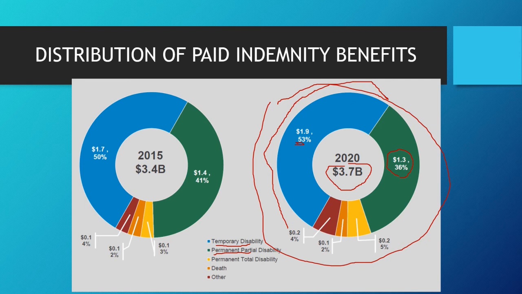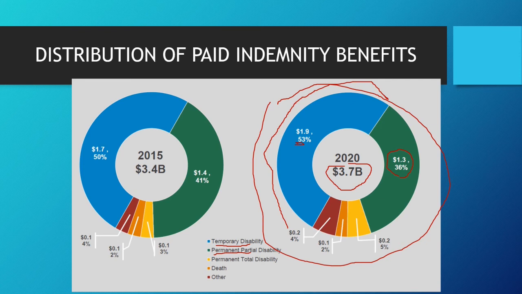So if your opinion was that at the end of an extended temporary disability period, your examinee qualified for no or very little permanent impairment rating and therefore permanent disability benefits, that would be consistent with statewide statistics regarding the distribution of paid indemnity benefits.